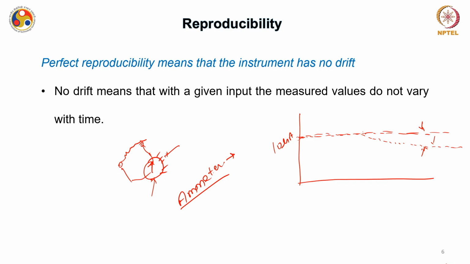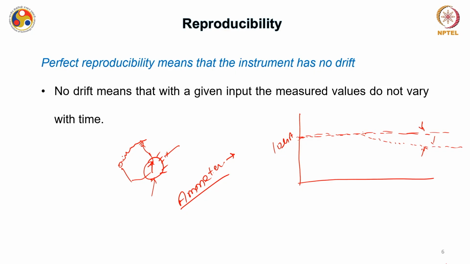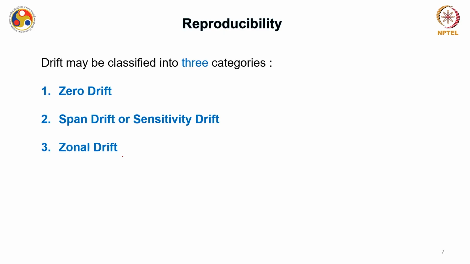This can be due to an external effect, or due to some internal effect. Whatever the sensor, the sensing material may be degrading, or the transducer may not be functioning properly, or there can be other issues because of which this drift can happen. And if I classify the drift in an instrument, it can be categorized under 3 different categories.